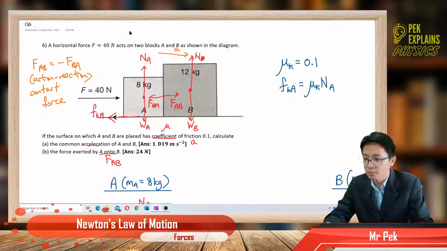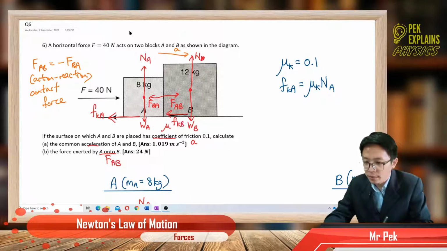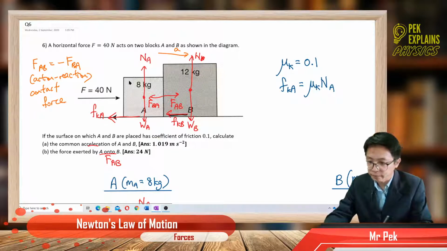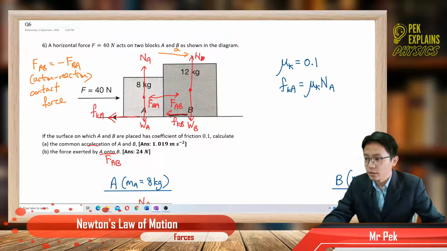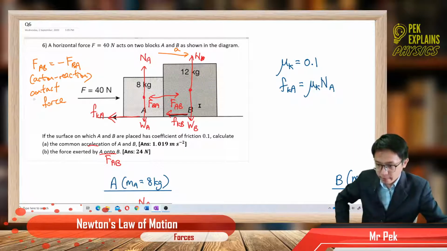Block B also experiences another friction, going this way, friction on B. So just rub it off first, this one. All right.